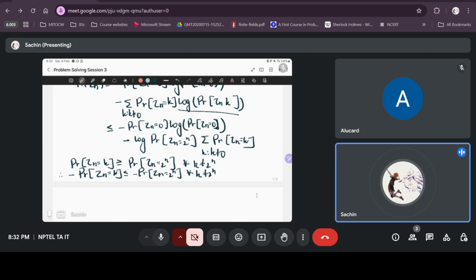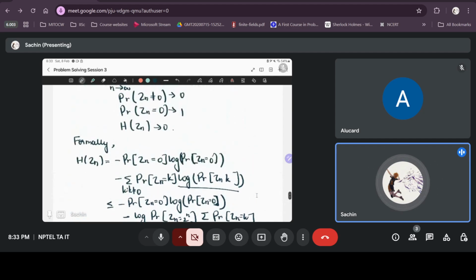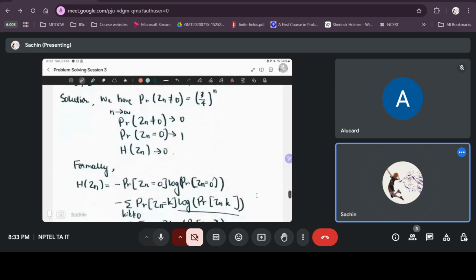So I take out the log value, I get an inequality, an upper bound, and the probability that Zn is equal to 2 power n is 1 over 4 power n, because each of the xi is IID, and the probability that xi is equal to 2 is 1 over 4.